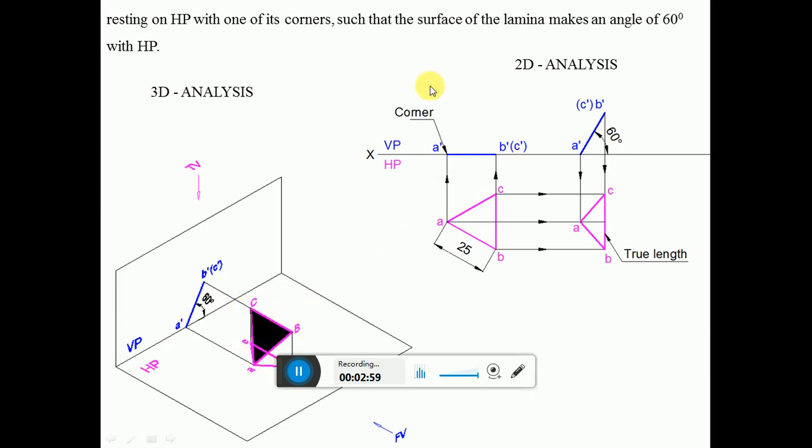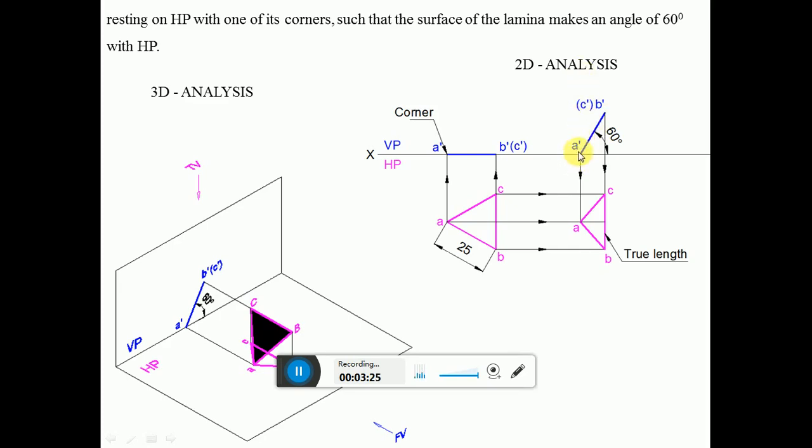When you come to the 2D analysis, the corner is resting on HP, so A dash is resting on HP. Through A dash, you draw a line inclined at 60 degrees and measure the length from A dash to B dash. From A dash, you cut an arc using the compass and mark the point B dash C dash. Then join this line with a dark line, and write top view to it.